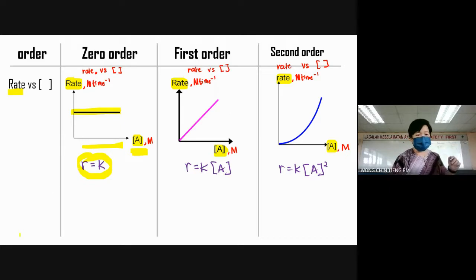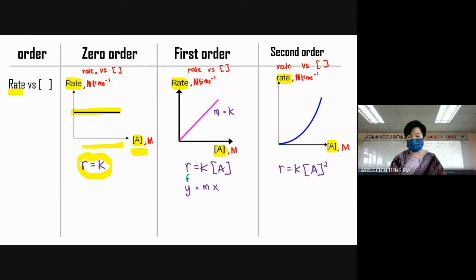Next, if you look at your first order, do you realize that is actually this one? Okay, my question, what is my gradient? If I find the gradient over here, my gradient is actually my rate constant. All right, if you realize, this graph is your R equals to K[A], concentration.